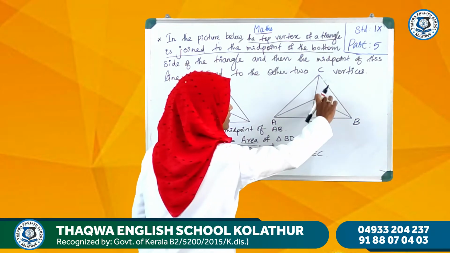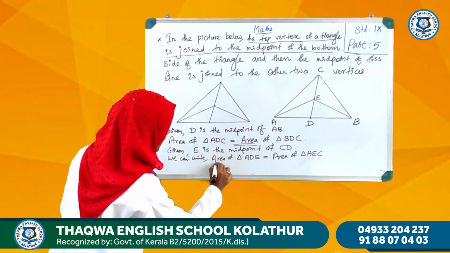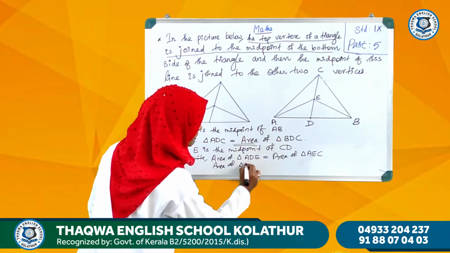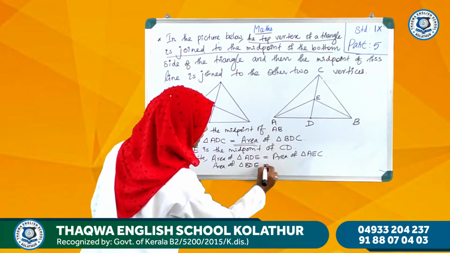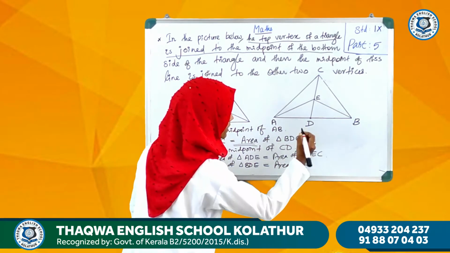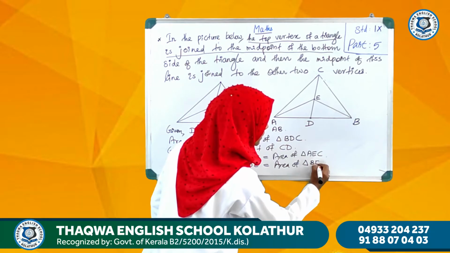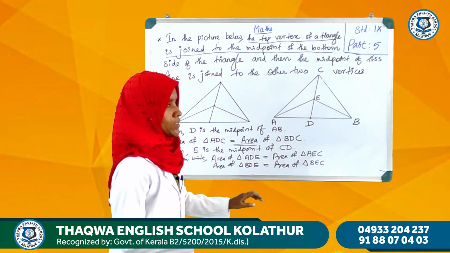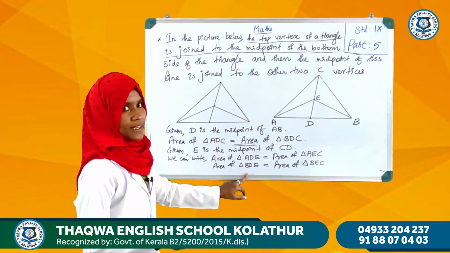Okay. So, also we can write area of triangle BDE equals area of triangle BEC. Okay. Then compare these areas.